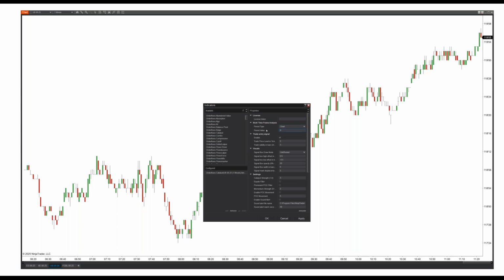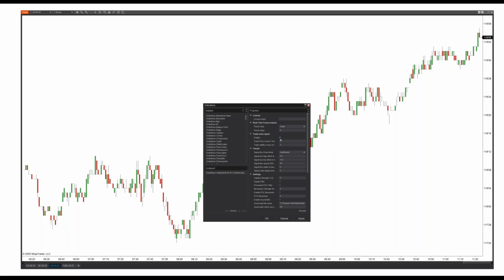The existing chart that I'm looking at, right? This is a 1 minute chart. Trade entry signal. This is something that I have on just about all my indicators, and the point of the trade entry signal is it helps me trade in the direction of the market, right?